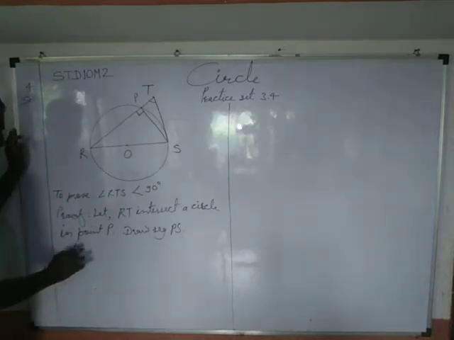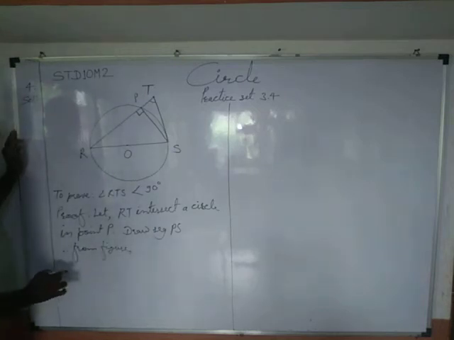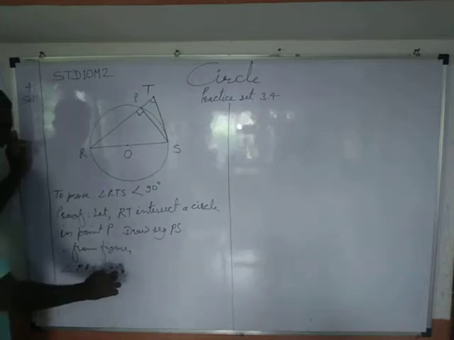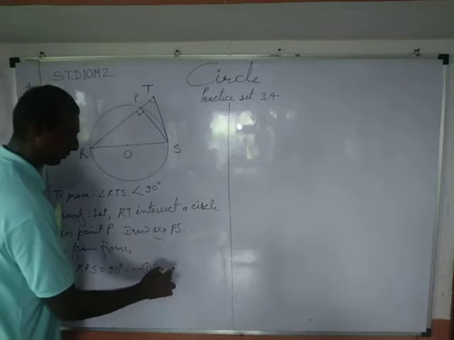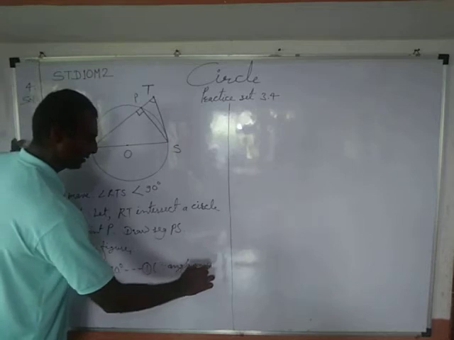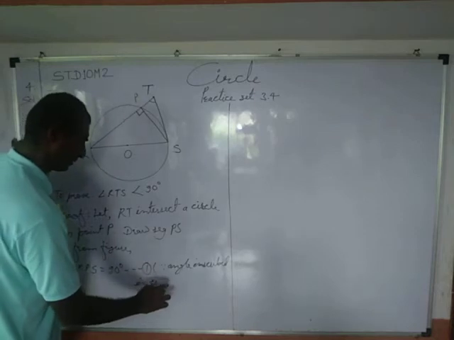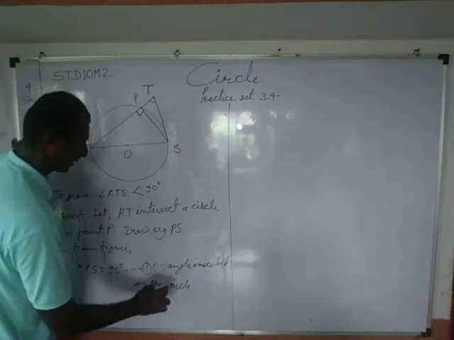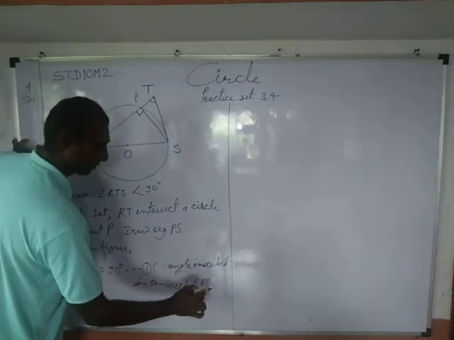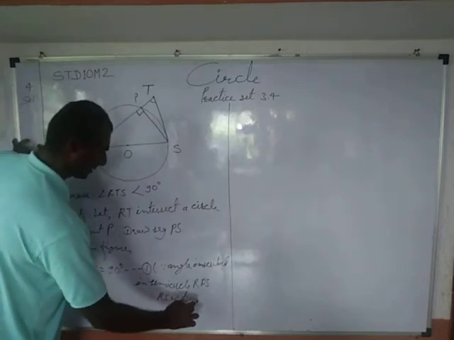And therefore, from the figure, angle RPS equals 90 degrees, number 1, since angle RPS is an angle inscribed in a semicircle, since RS is the diameter.